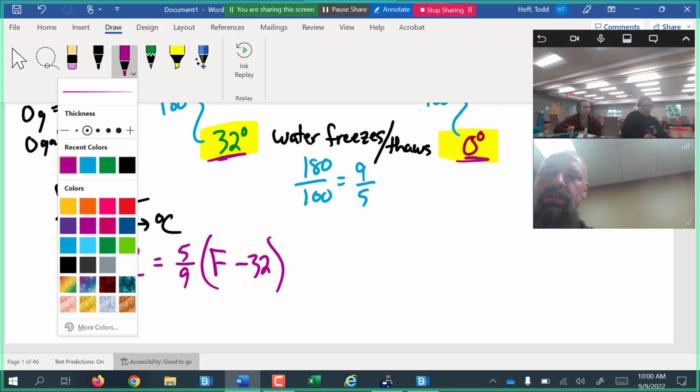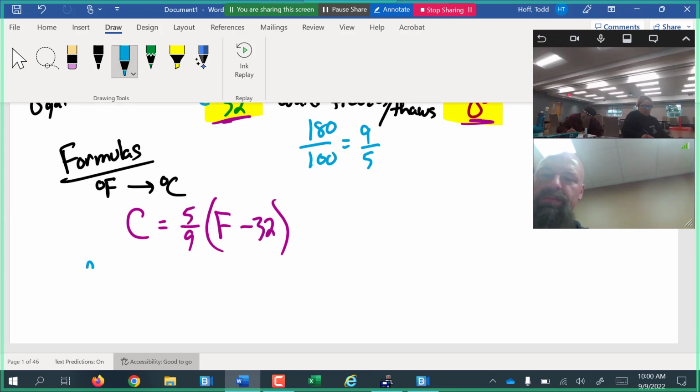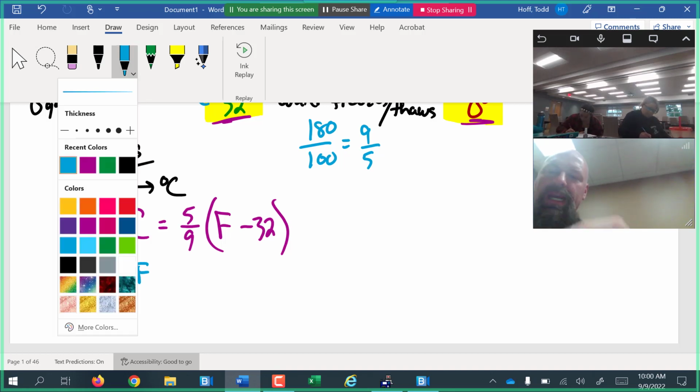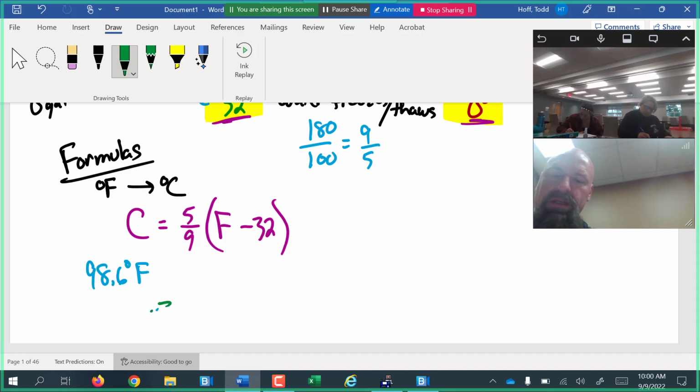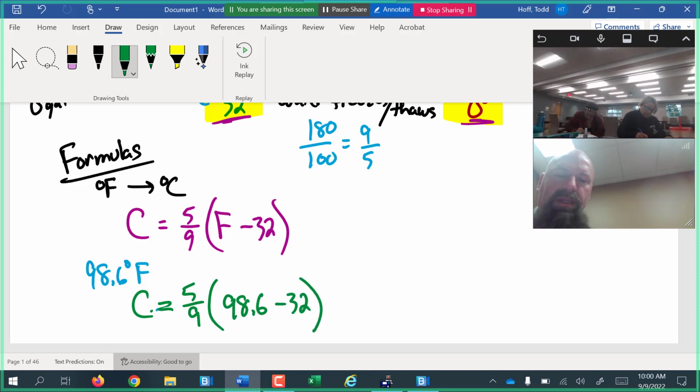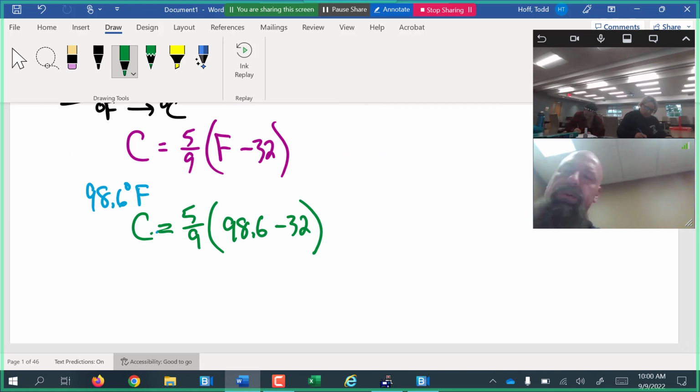So if I want to convert, let's just take human body temperature, 98.6 degrees Fahrenheit, and convert that into degrees Celsius using this formula. The 98.6 goes in for F. Now it's just a matter of order of operations.